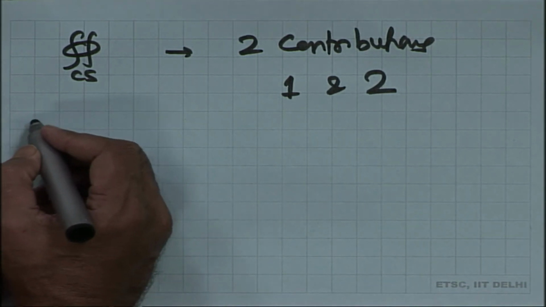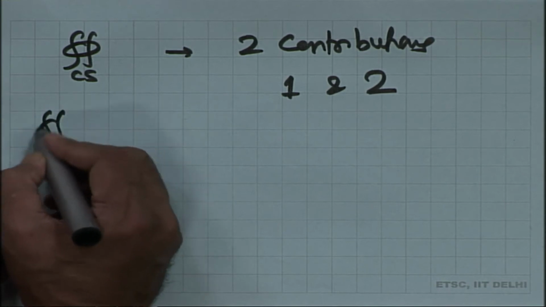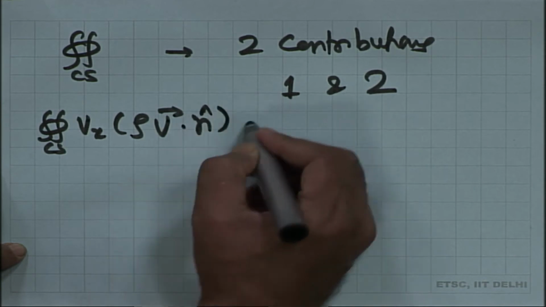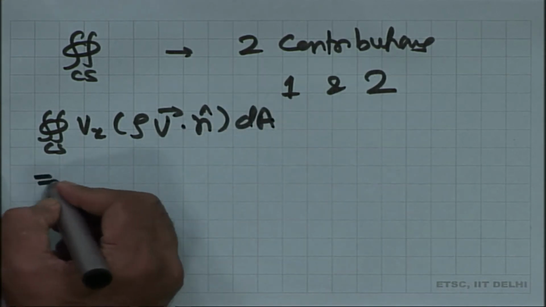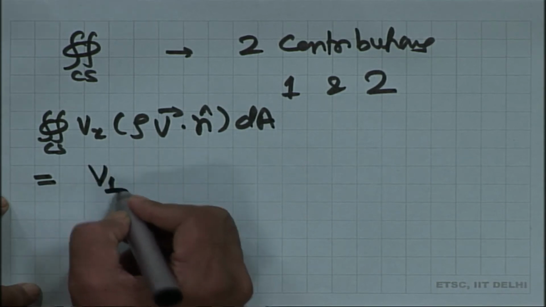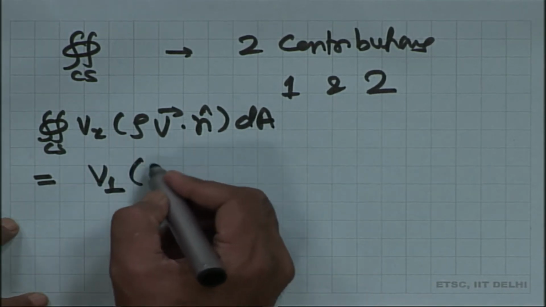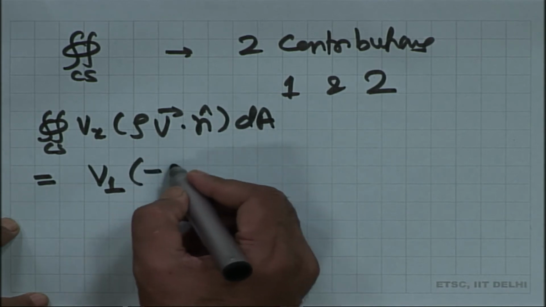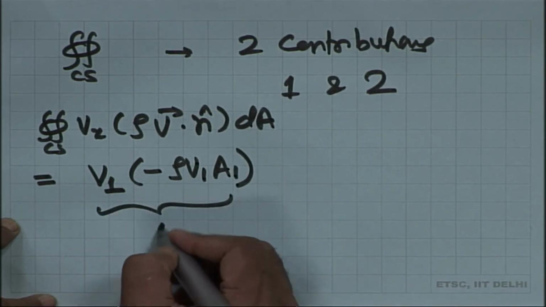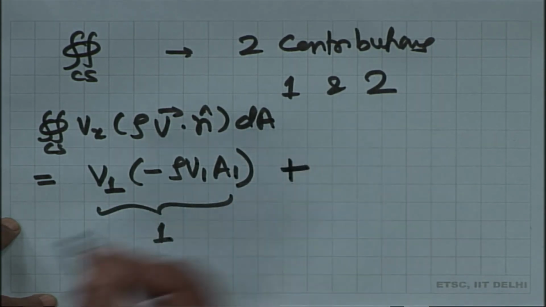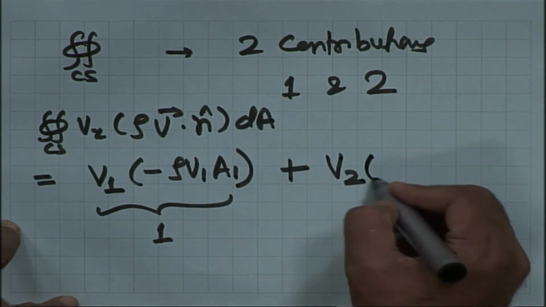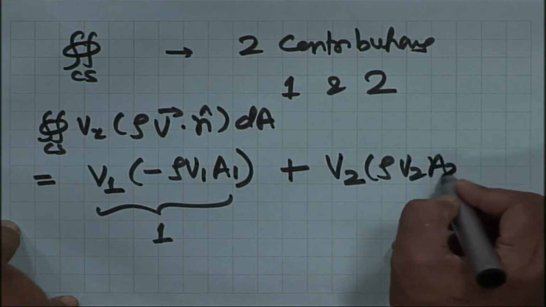So, now if we look at integral on the CS Vx rho V dot n dA, this will be equal to, now let us do surface 1 first, Vx is equal to V1 which is in the positive direction, rho V dot n dA is equal to minus rho 1 V1 A1. So, this is the contribution from surface 1. From surface 2, velocity in the x direction is V2 and it is rho V2 A2.